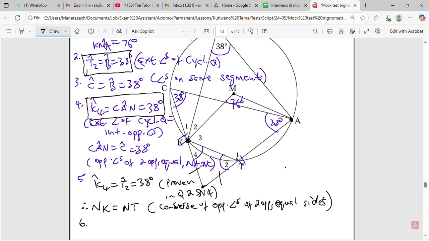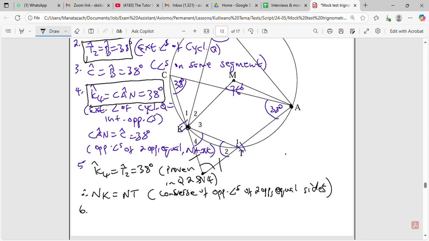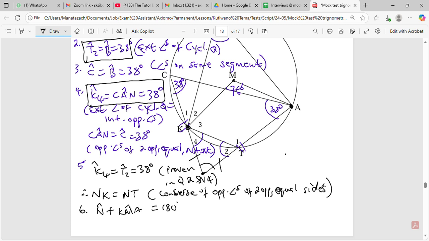If you can prove that angle M plus angle N adds up to 180 degrees, then it will be our proof. But we don't know what angle N is. So we need to prove that angle N plus angle KMA sum to 180 degrees, then it will be the proof that AMKN is a cyclic quadrilateral.